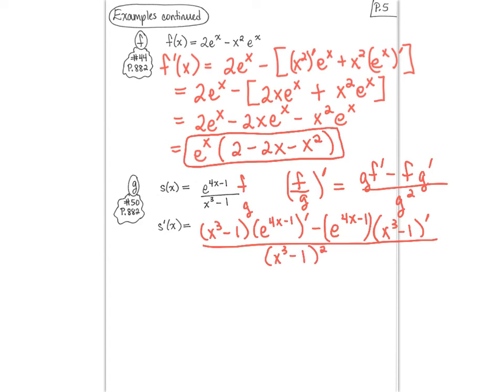Okay, so that's just applying the rule. We haven't differentiated yet. Well, we've differentiated using the rule, but we actually need to calculate the derivatives. So we write down x cubed minus 1.